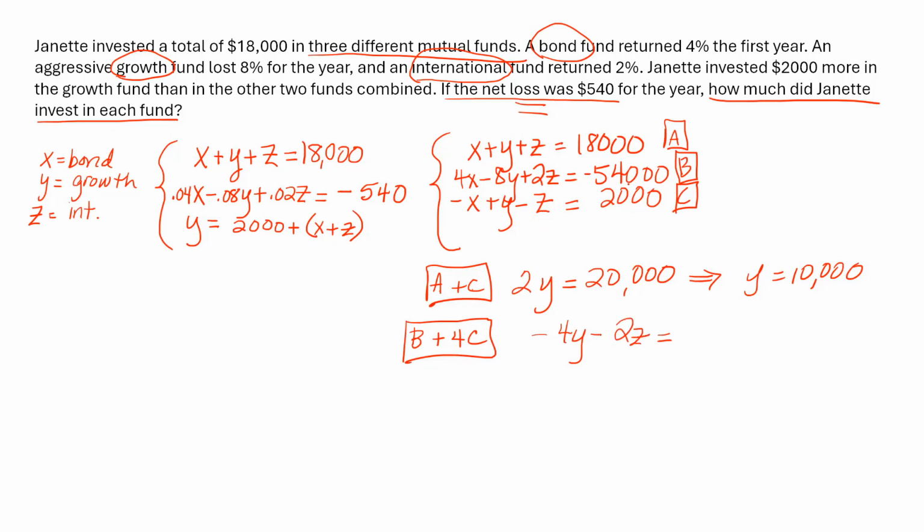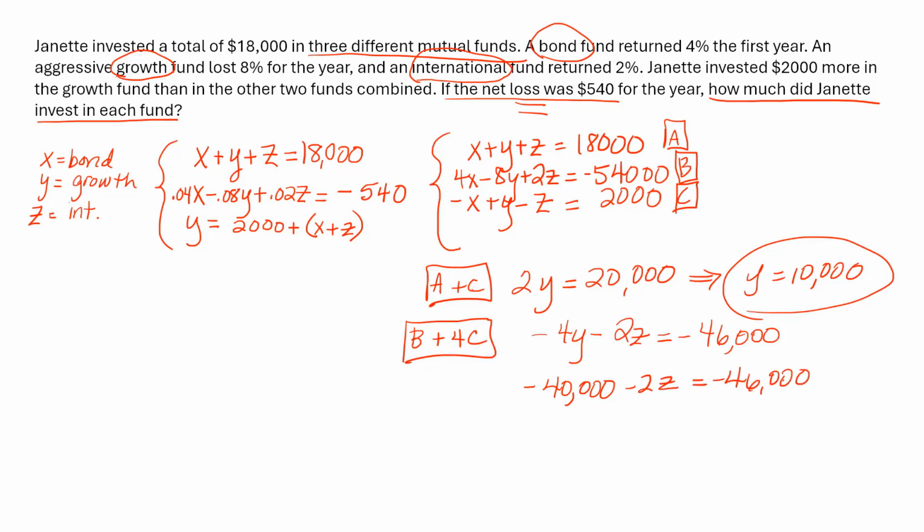And then I will have negative 54,000 plus 8,000, which is going to give me negative 46,000. So now I can go ahead and put in 10,000 for y. So I would get negative 40,000 minus 2z equals negative 46,000.